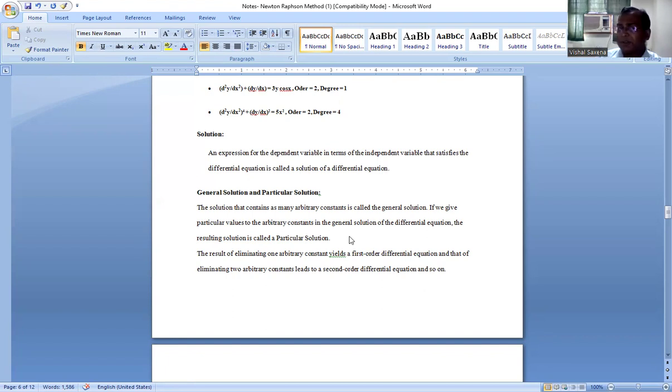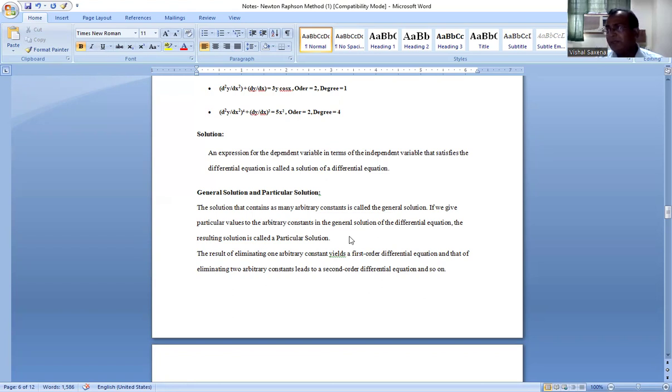So it means the result of eliminating one arbitrary constant: suppose we have one arbitrary constant and we eliminate that constant, then it will give us the differential equation of first order. Now suppose in another case we have two arbitrary constants and we eliminate these two arbitrary constants.